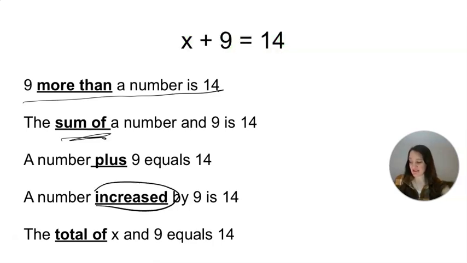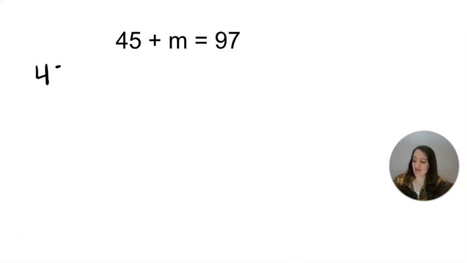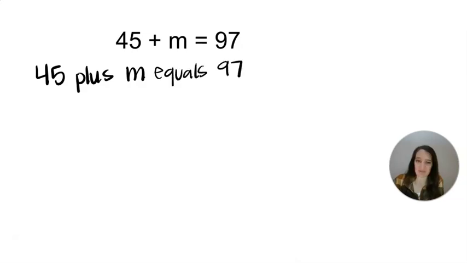You could say a number increased by 9. You could say the total of x and 9 equals 14. Okay, so let's practice that with this. This is in your notes again. You could say 45 plus m equals 97, right?